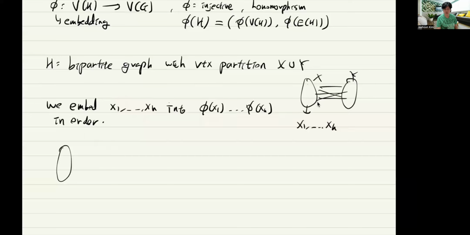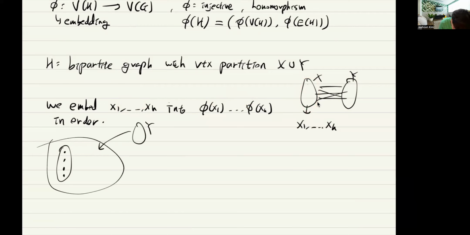So that's a legitimate partial embedding. The bad case is if there is an edge between two of them and you embed them with no edge between the images, but that doesn't happen because X is independent. Once we have that, now you embed the vertices of Y.